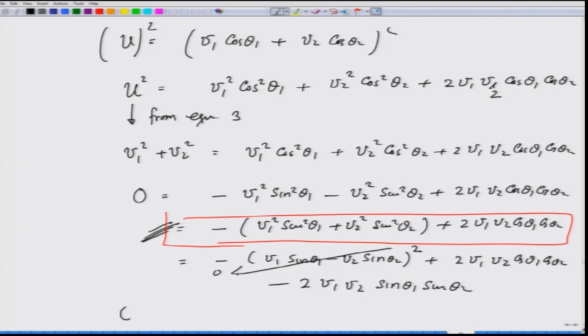So, I am left with 0 equals 2 v1 v2, which I will take common, cosine of theta 1 cosine of theta 2 minus sine of theta 1 sine of theta 2.